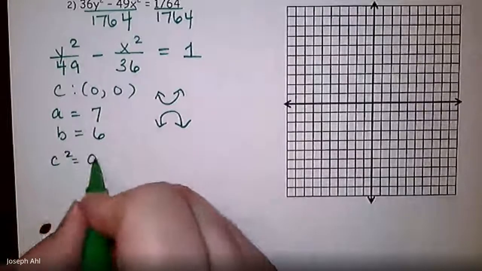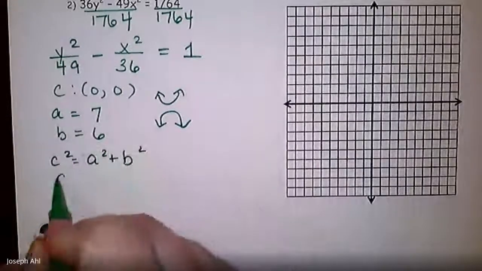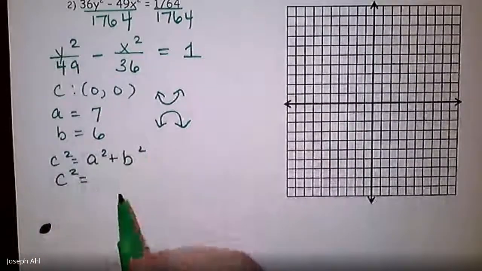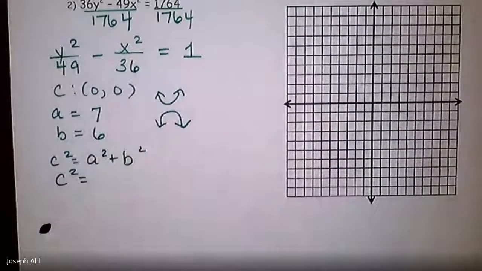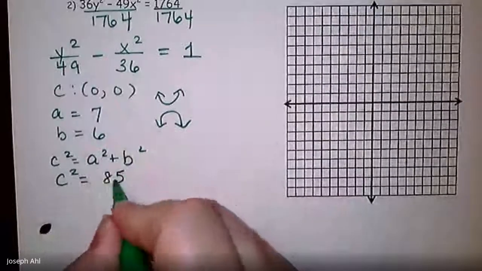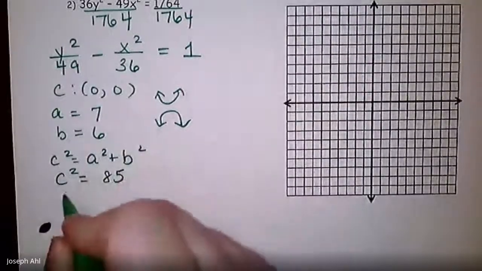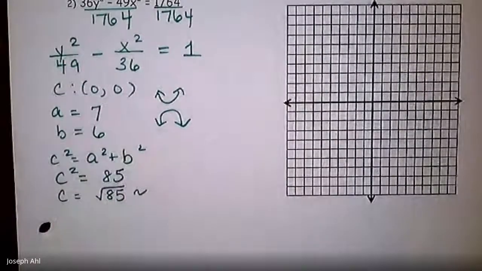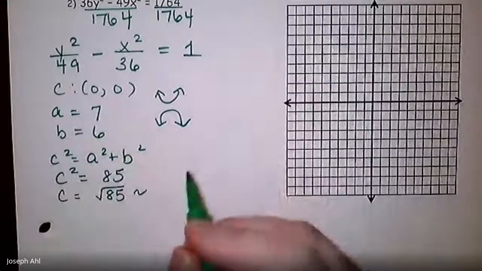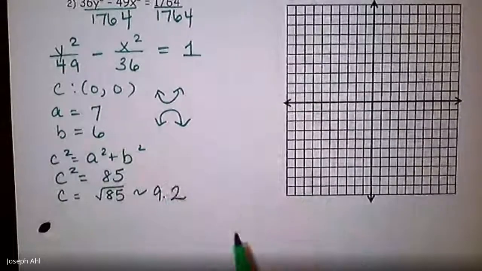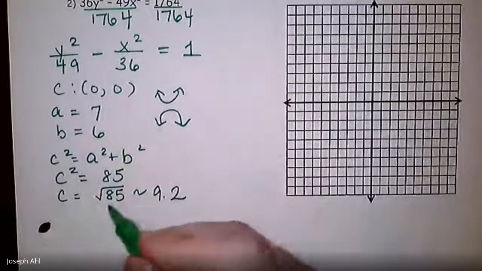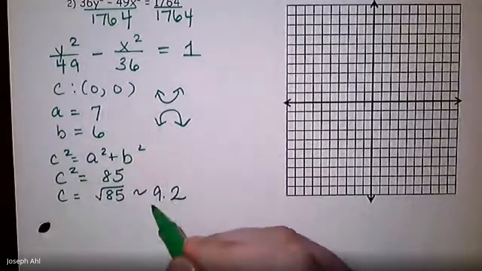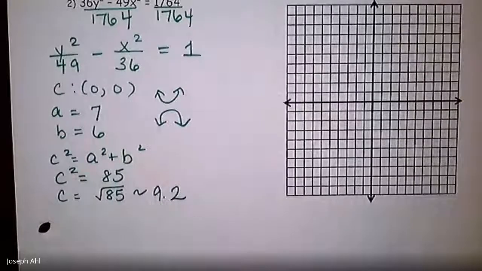If c squared equals a squared plus b squared, we're going to have c squared equals 49 plus 36, which sounds like 85. I should probably double check it. Yeah, that sounds good. 85, so square roots. C equals the square root of 85, which is approximately 9.2. So we'll use that when we plot the foci. But as always, when we list the coordinates, we're going to go ahead and use radical 85.